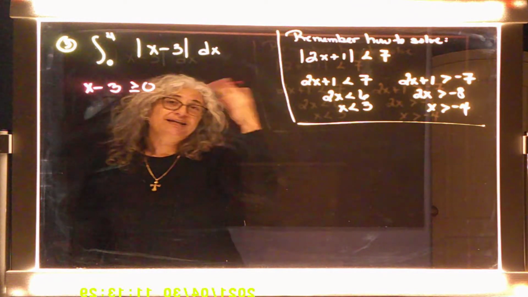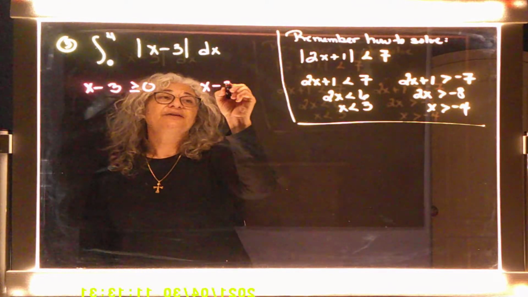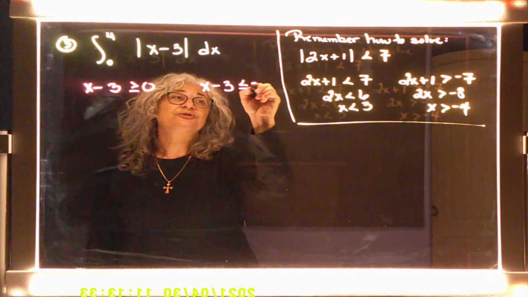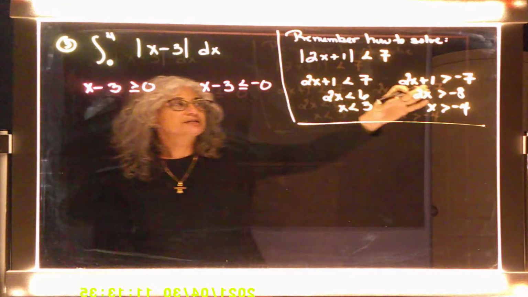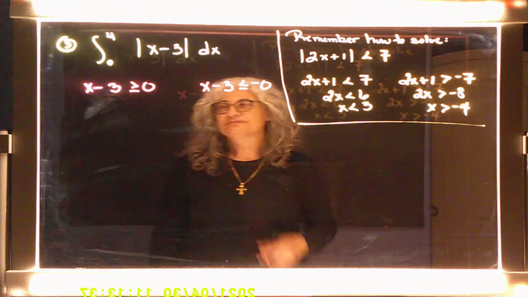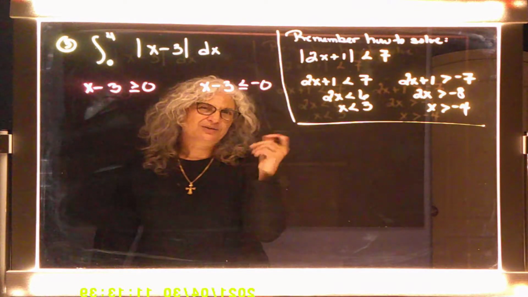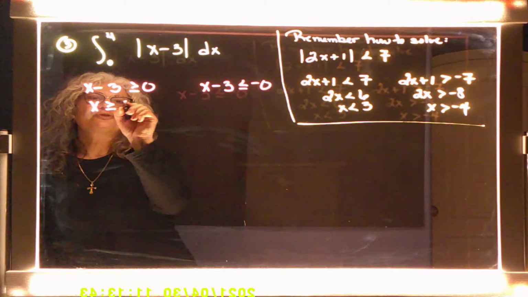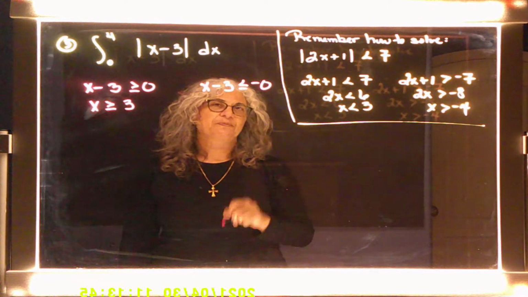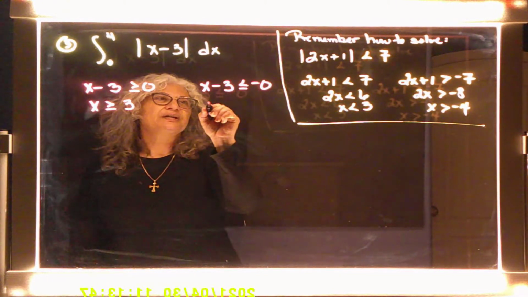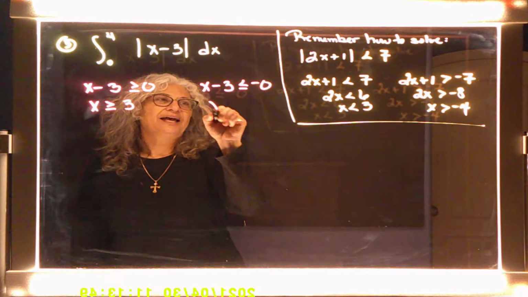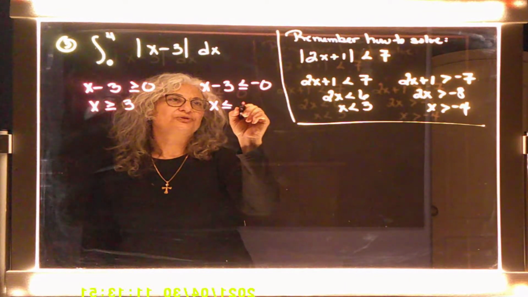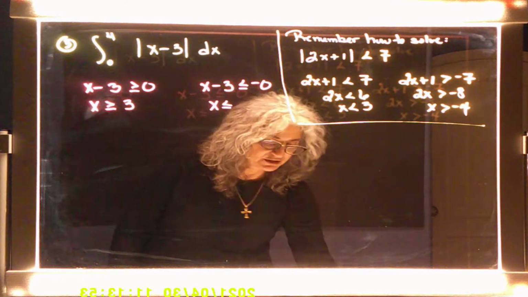But when I get the other inequality, we're going to have x minus 3 is less than or equal to negative 0, just like we had over here. Well, we'll be back to that one. That one kind of doesn't make sense, but hang in there. So here we get x is greater than or equal to 3, don't we?